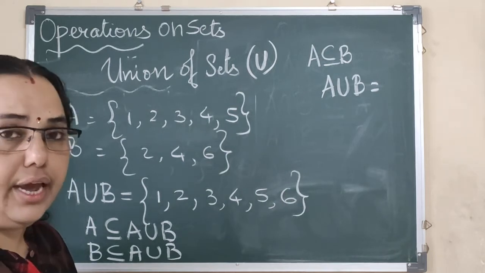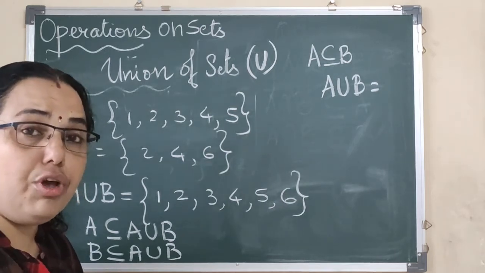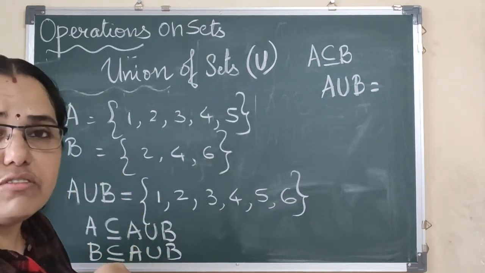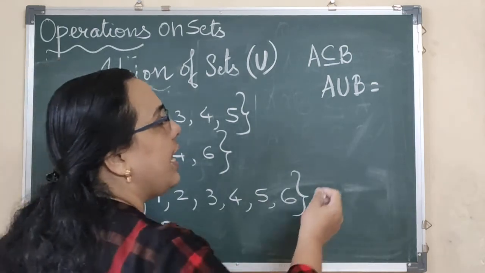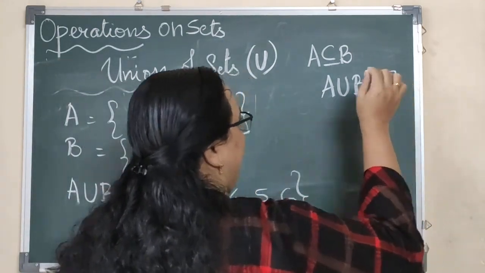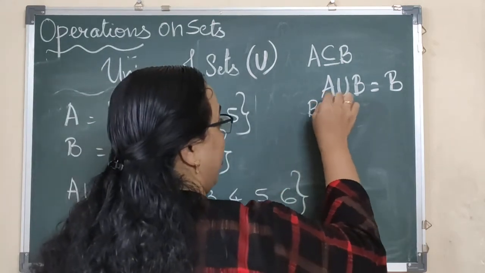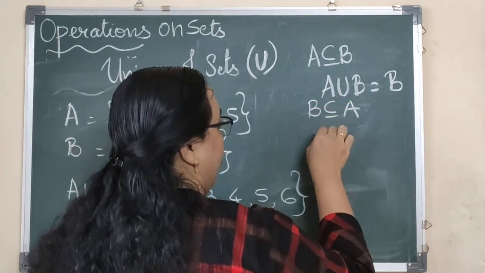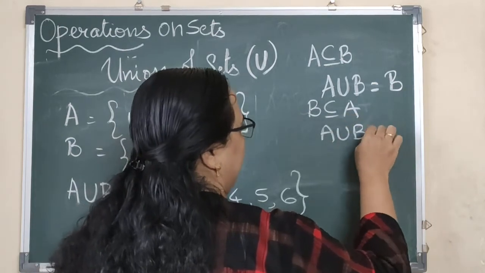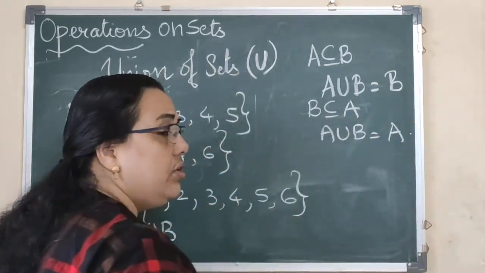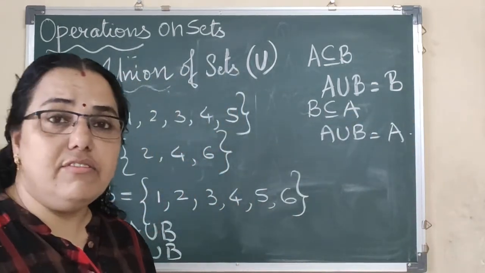Smaller set is A, bigger set is B. So in intersection we saw it was the smaller set. So in union we have the bigger one. Is that very clear? If B is a subset of A, what would be A union B? Yes, very good, A.